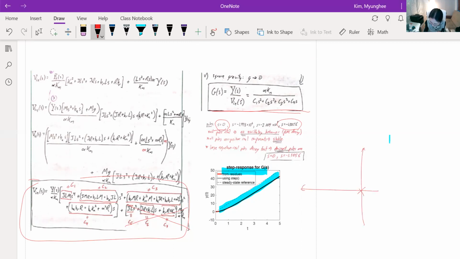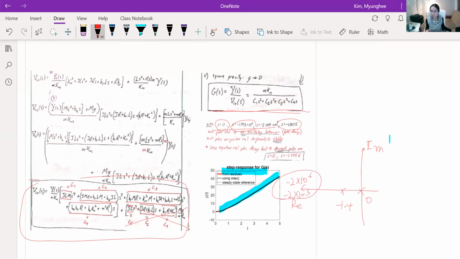And then it turned out that there are two poles located at 0 and minus 1.4. Let's say this is the imaginary axis and real axis. The other two poles are located far, far away to the left, at minus 2 times 10^6 and minus 2 times 10^3.